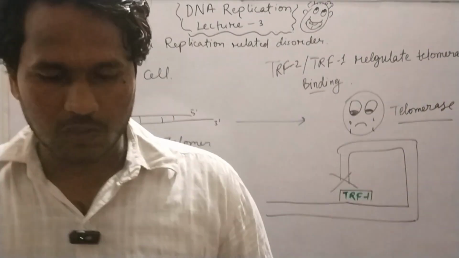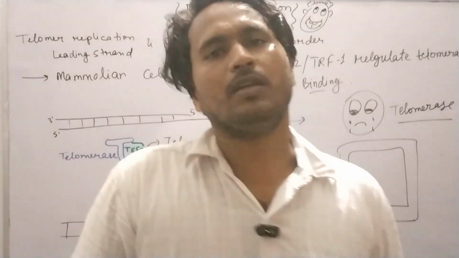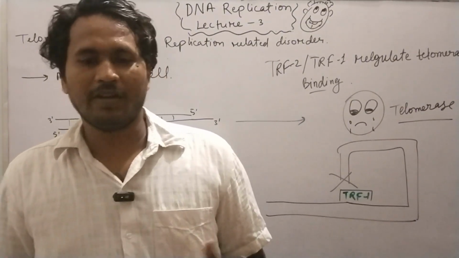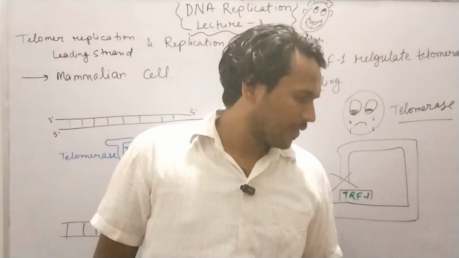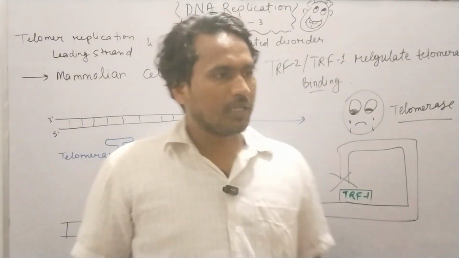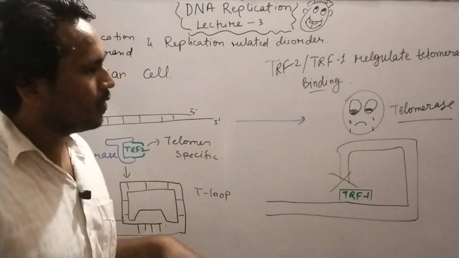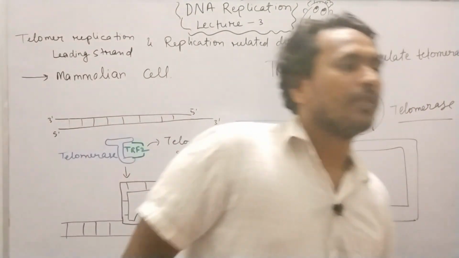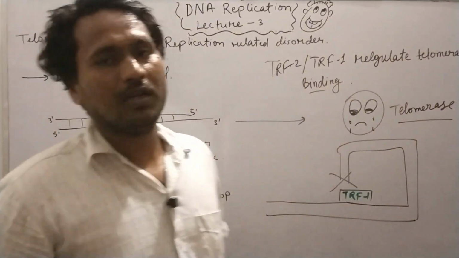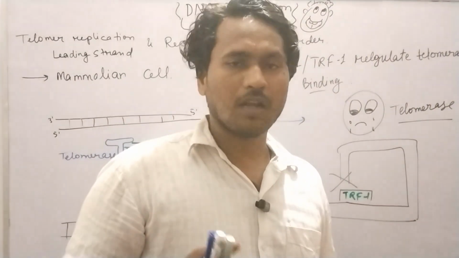Now, Drosophila has a different mechanism for preventing DNA shortening, and that is dependent on the transposon. Some of the telomerase protein subunits are similar in transposon activity.